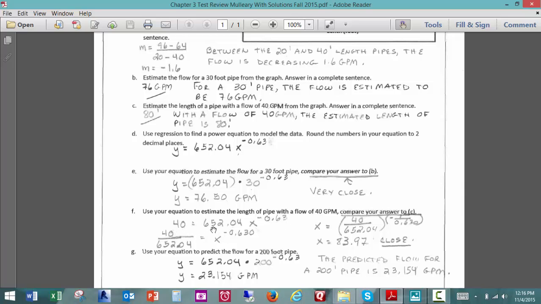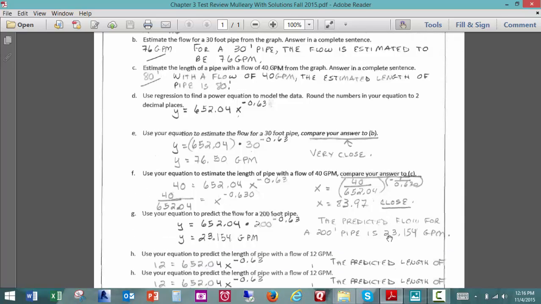Divide both sides by the 652.04, and then use that little operation for my exponent, 1 over 0.63, and that's a negative. And I get an answer of 83.97. When I compare that to what I had up here on C, I had 80 up here, almost 84 here. They're close, not as good as the other one, but still very respectable.